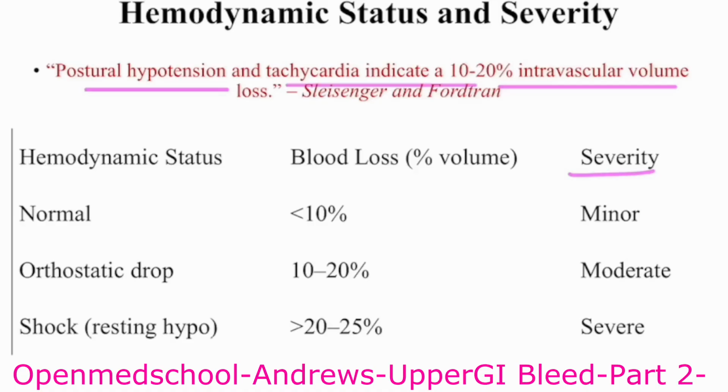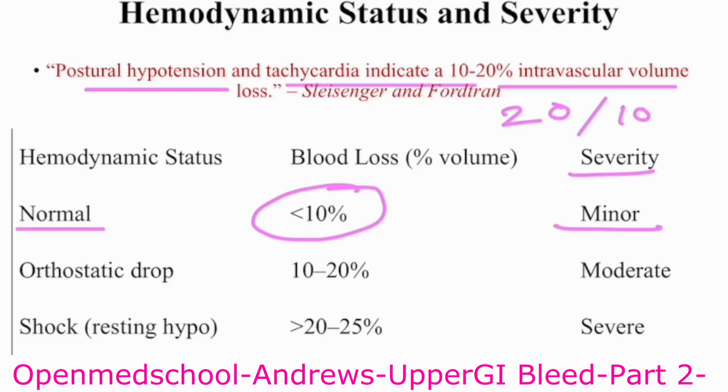If the BP doesn't fall, there is no postural fall. Postural fall means a systolic BP fall of more than 20 millimeters or a diastolic BP fall of more than 10 millimeters. If there is no orthostatic hypotension, it's only a minor thing, less than 10% of the plasma volume is lost. 10 to 20% is lost if there is an orthostatic drop, that is, a 20 millimeter systolic or 10 millimeter diastolic fall.